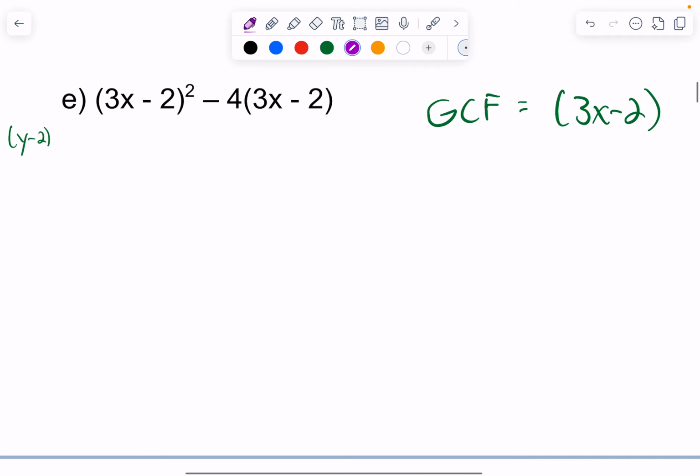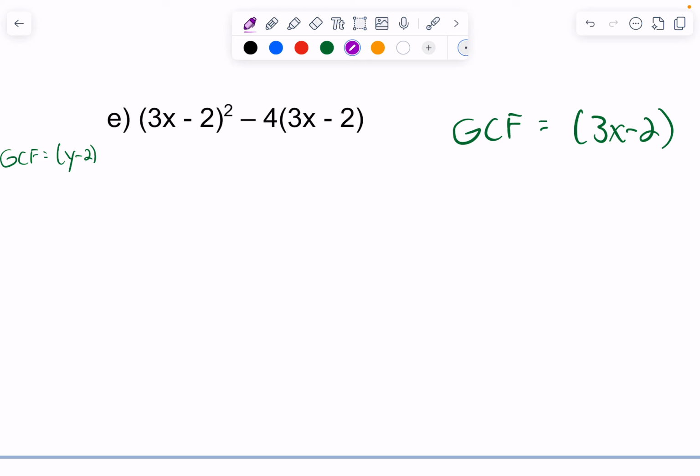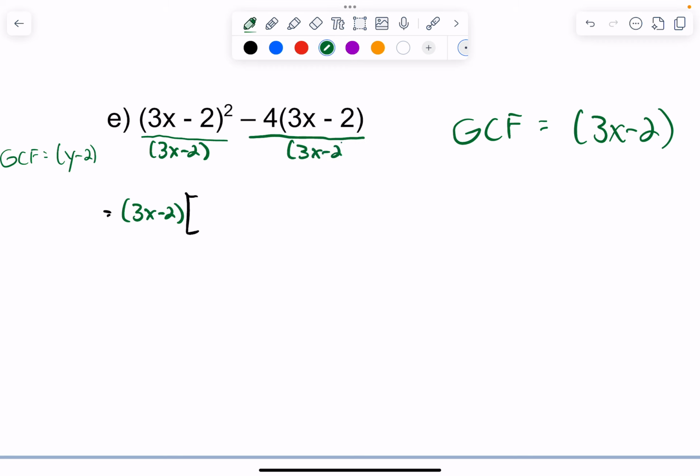Last one. In this case, our GCF is 3x minus 2. So we have our GCF being 3x minus 2. All right, I'm going to use those square brackets again. I'm dividing the first term by the GCF, 3x minus 2, and I'm dividing the second term by the GCF, 3x minus 2.